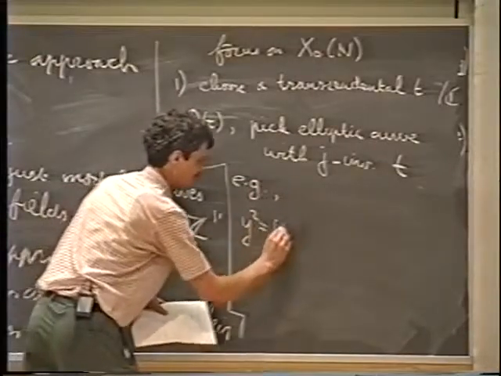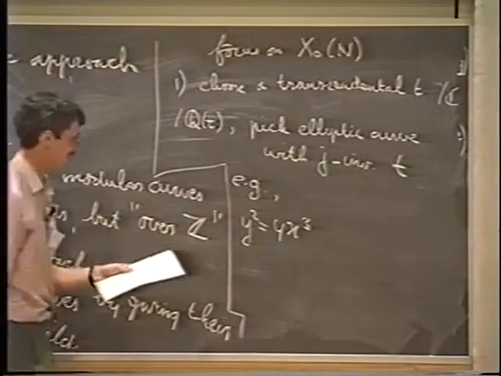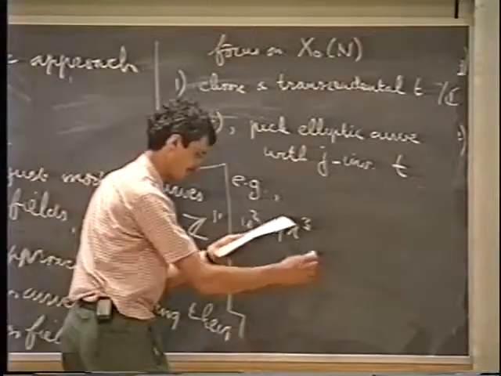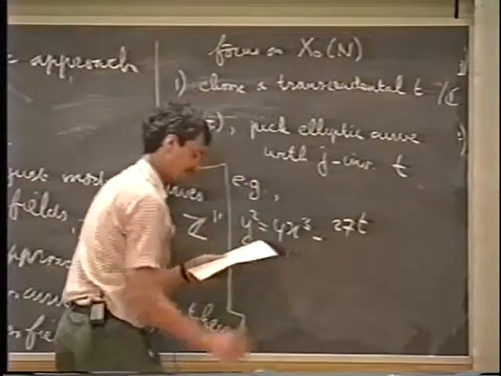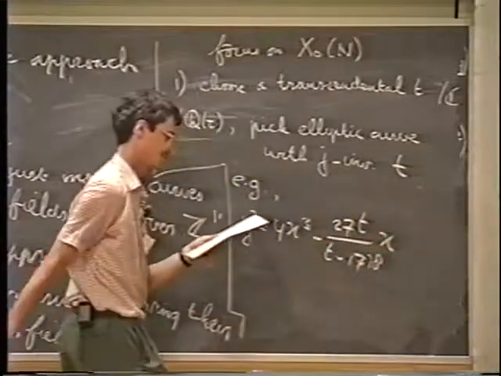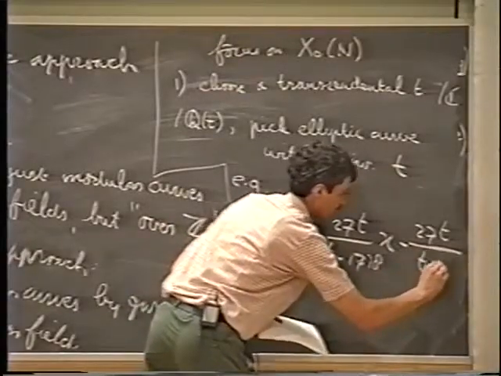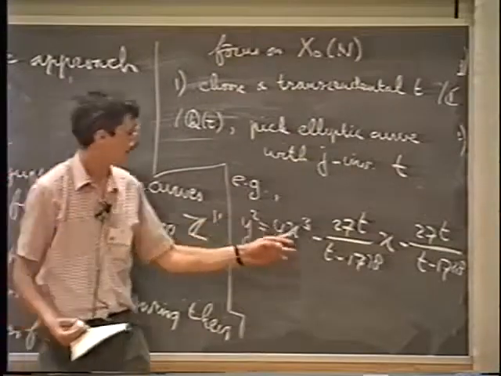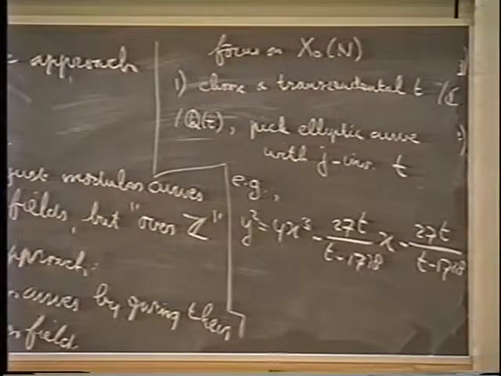We have these formulas of this morning for the discriminant and for the j-invariant, so you can easily check whether the j-invariant of this thing is right. So 27 times T, you divide by T over minus 1728, multiply this by x, and then the same number. What you do is you write down 4x cubed minus a, and solve for a in order to have j-invariant T. And then here you have a solution.